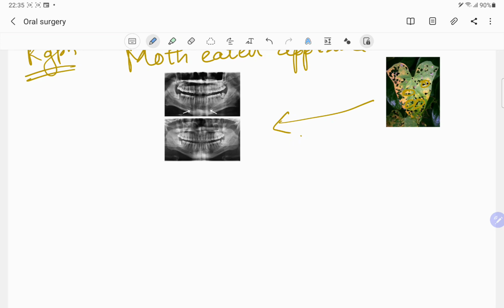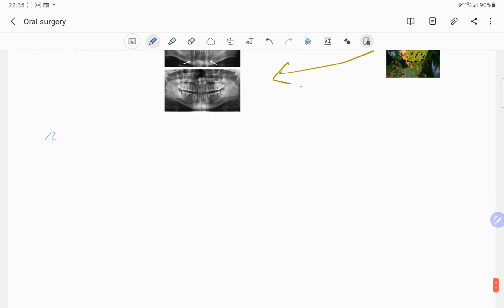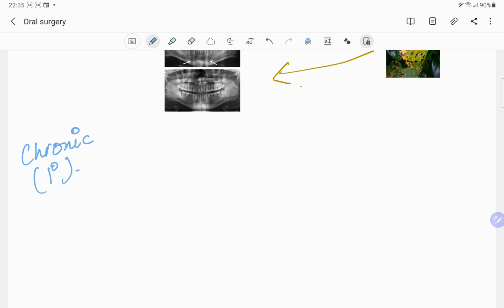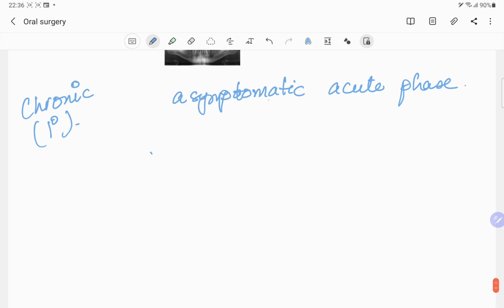Now what happens when there are almost no symptoms associated? That is known as the chronic primary. It is usually asymptomatic. So when there are little symptoms, or we can say an asymptomatic acute phase, that means the person has not noticed because there are no signs and symptoms, so it will progress into the chronic primary.